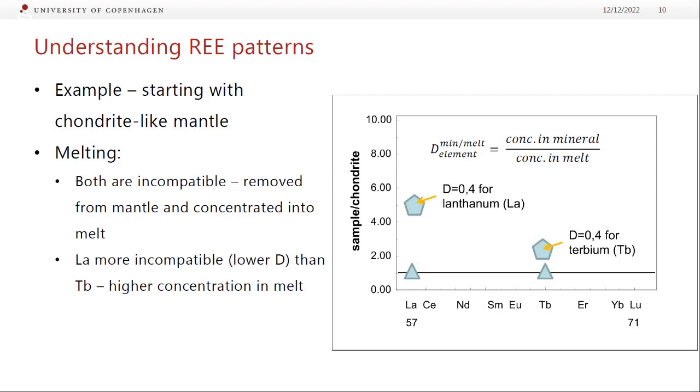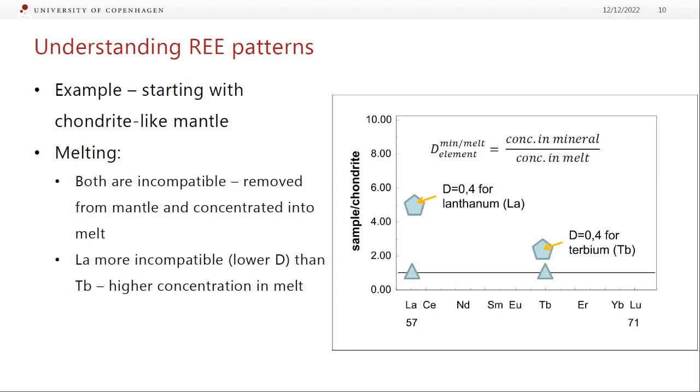So we have lanthanum, and the partition coefficient is 0.2 for lanthanum. So lanthanum is more incompatible than all the others. Then if we do 1 divided by 0.2, we get 5. Right? So this is the first increment of melting a mantle that started with chondritic concentrations. Terbium is less incompatible.